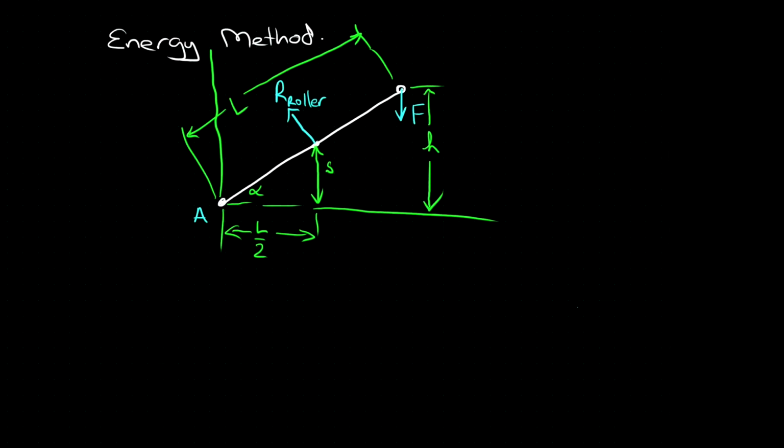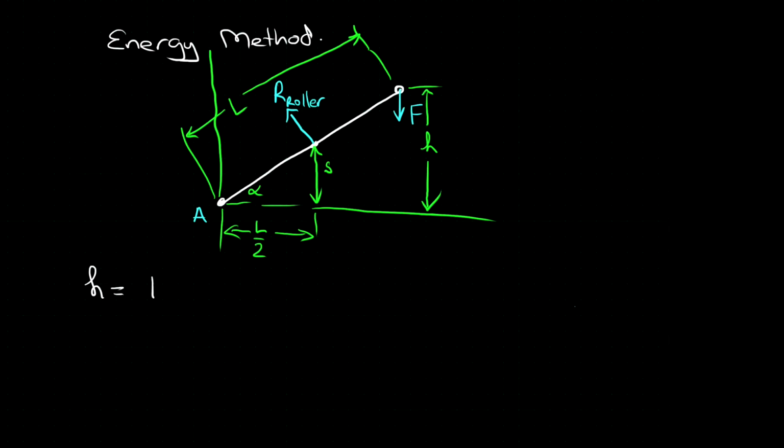Okay, so before we go further with the energy method, let's work out a few relationships. So we can see the value of H is equal to L times sine of alpha. That's straight out trigonometry. And we worked out what S was equal to before.